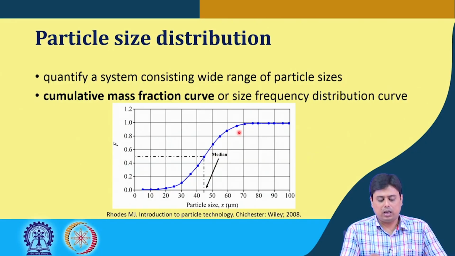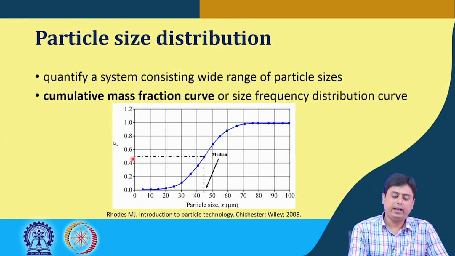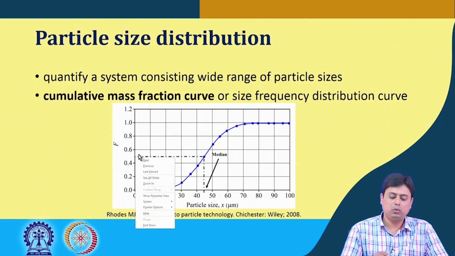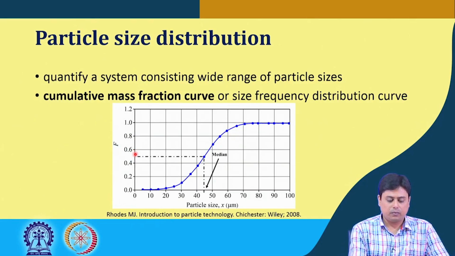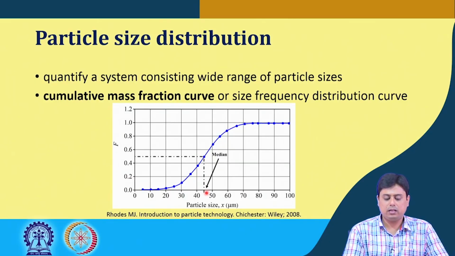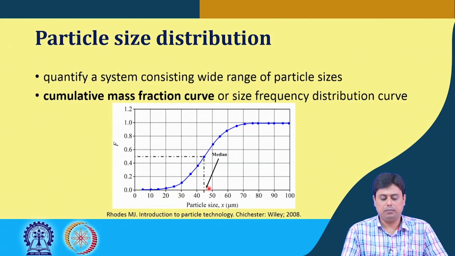Once you draw such a curve, you find the median. How do you find the median? You take 50% of the total sample, draw a horizontal line, find where it intersects the curve, and read the value on the x axis, which is the median of this sample.